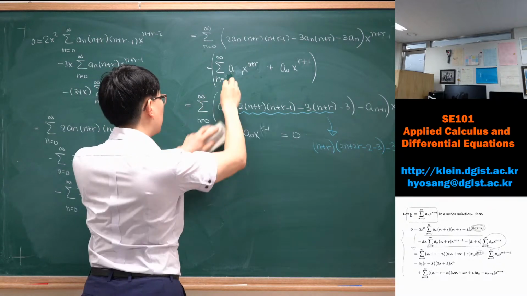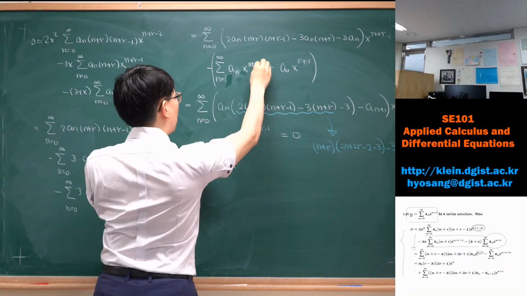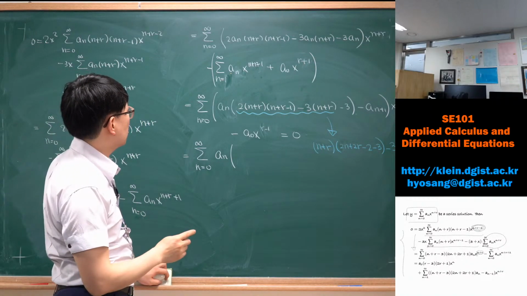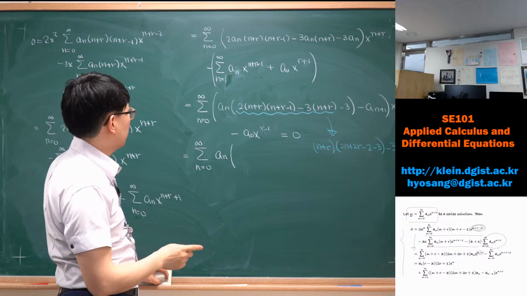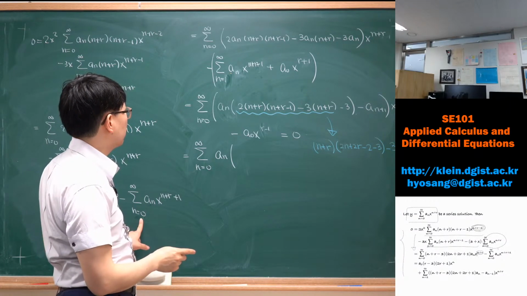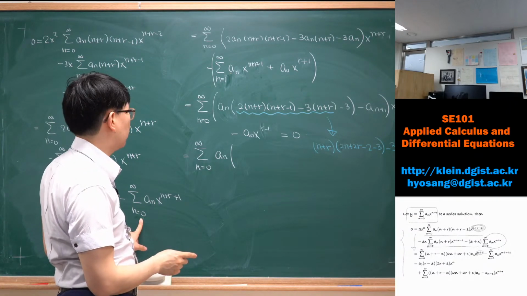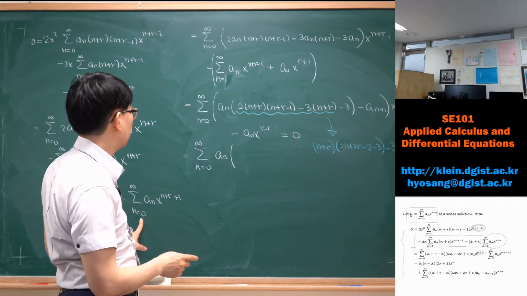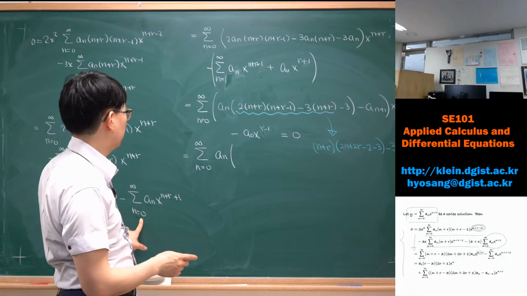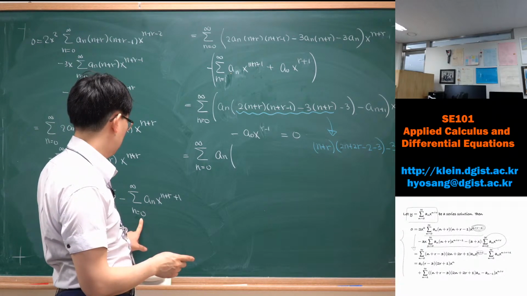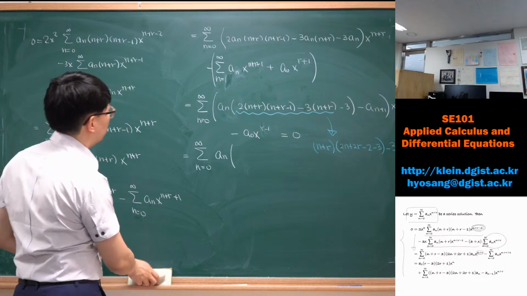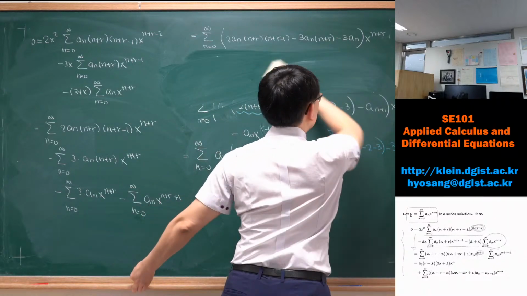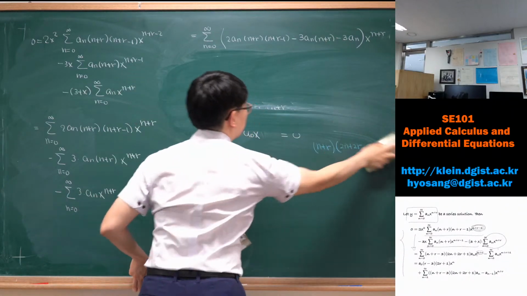So n from 1 to r plus 1 here. Okay. So n from 1. Oh, by the way, I'm sorry, I don't need this. Sorry for confusion.